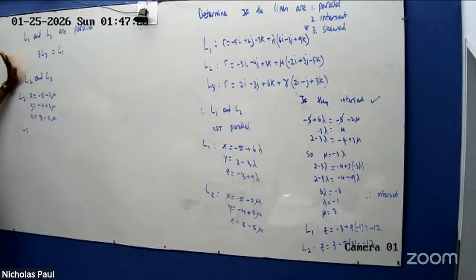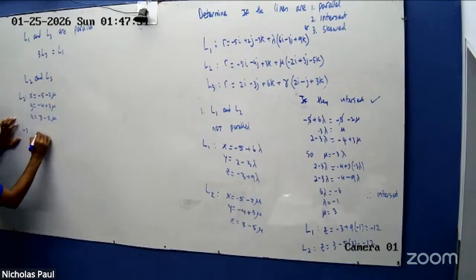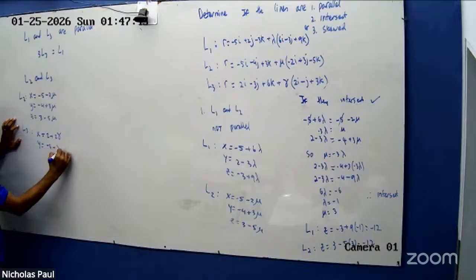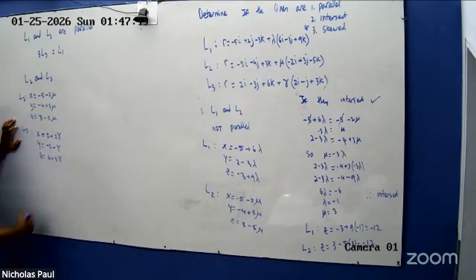And now L3, there's nothing else to do here. Parallel lines never intersect, right? So they're coming in right here to L3. What was L3? 2 plus 2 gamma, minus 3 minus gamma, 6 plus 3 gamma.